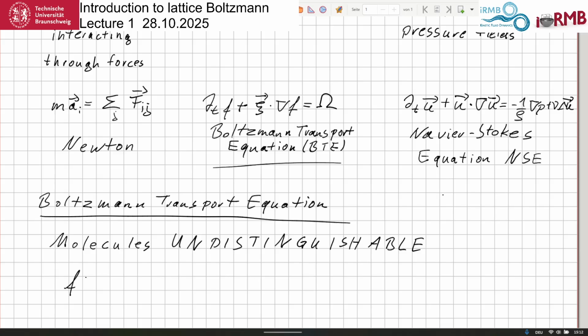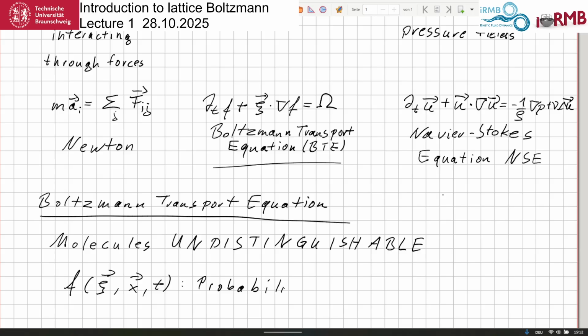The one-particle probability distribution, F, is a probability in a microscopic velocity that we call xi, a position x, and time t. So this is a 7-dimensional probability, or the probability density, to be more precise.